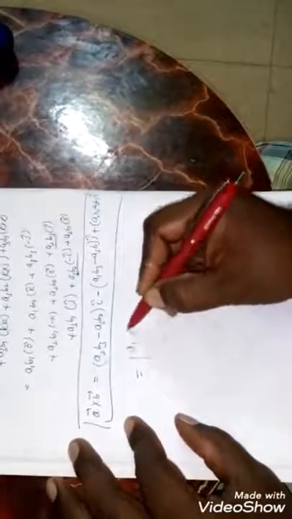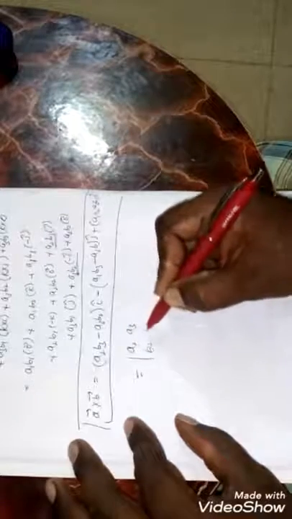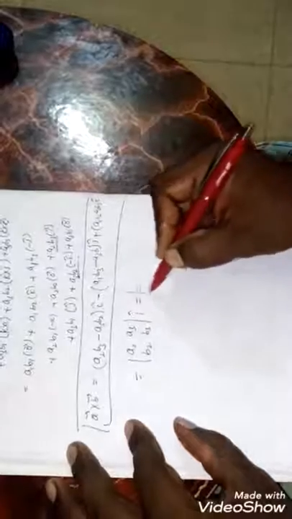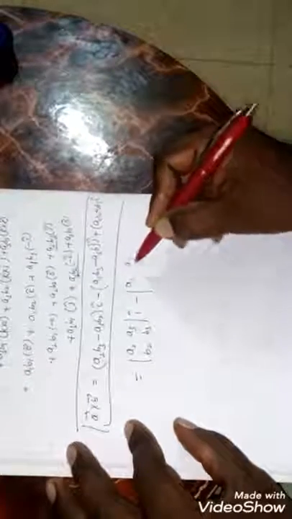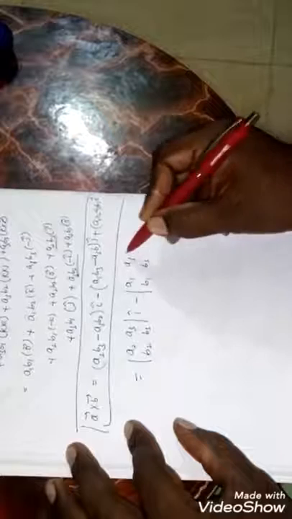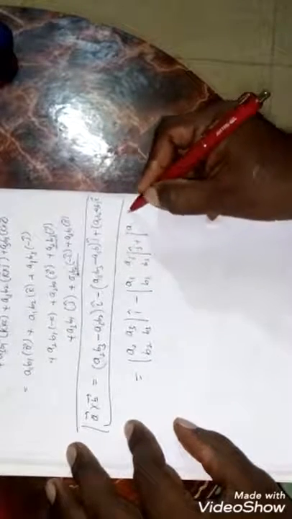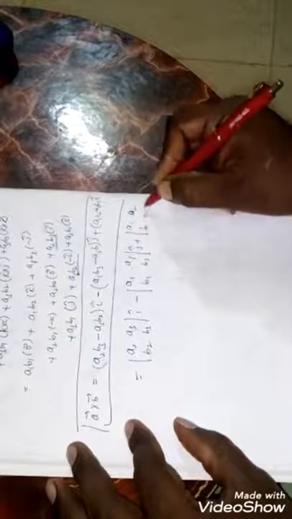Further, as we have completed determinants, you can write this as the determinant A2 A3, B2 B3, I cap, minus A1 A3, B1 B3, J cap, plus A1 A2, B1 B2, K cap.